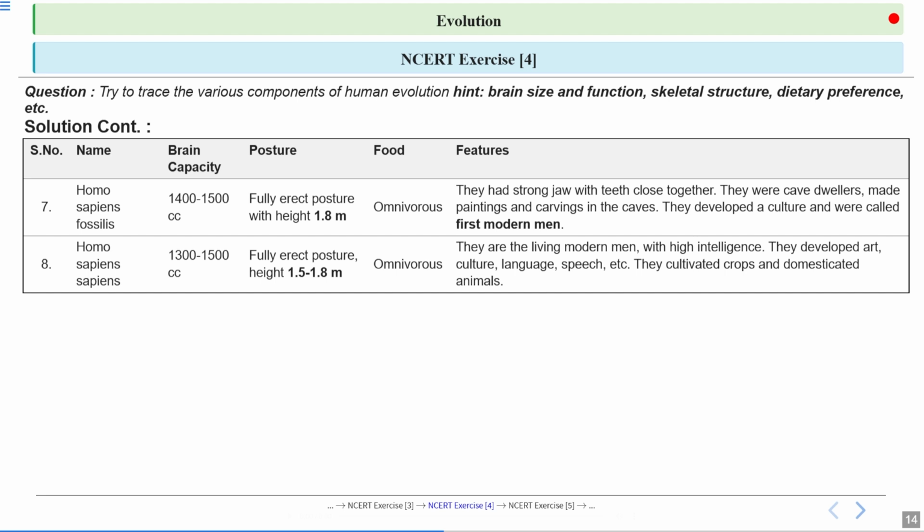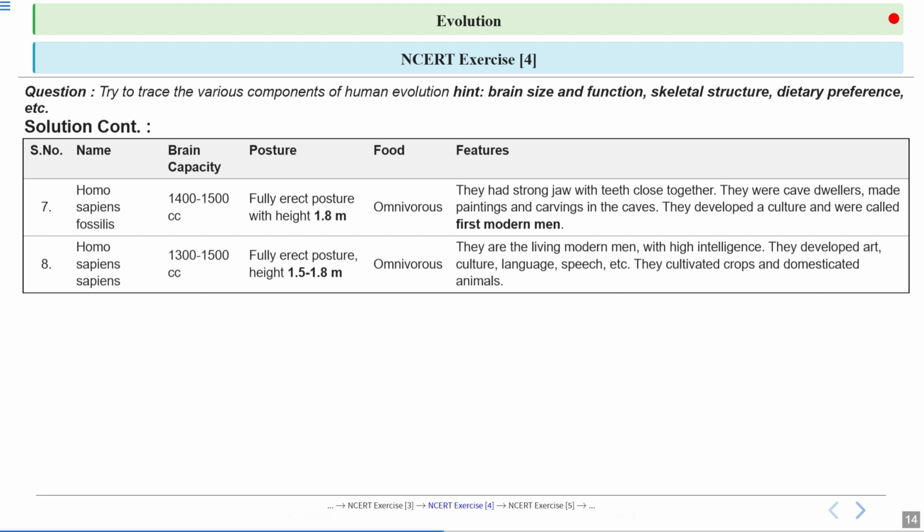These were made by Homo sapiens fossilis. They developed a culture and were called the first modern man. So again, remember who was the first modern man? Homo sapiens fossilis. You can see they are living in caves, making paintings and carvings, and they developed a culture as well.